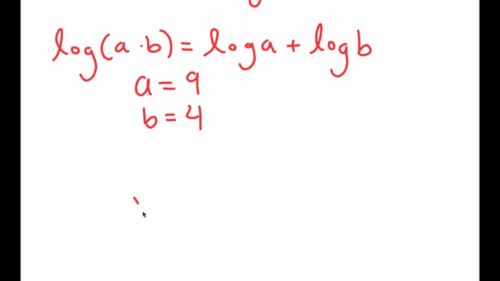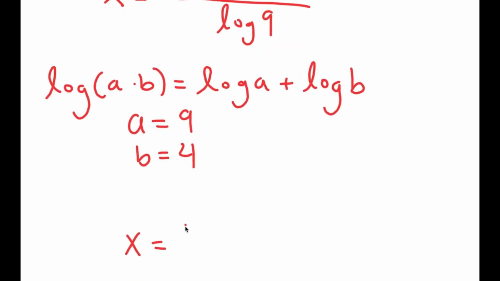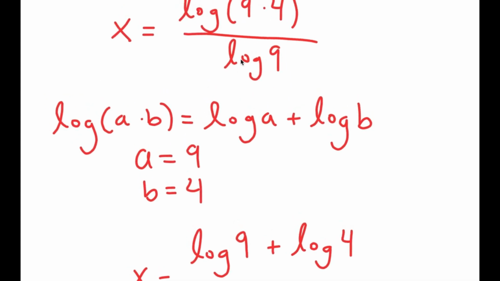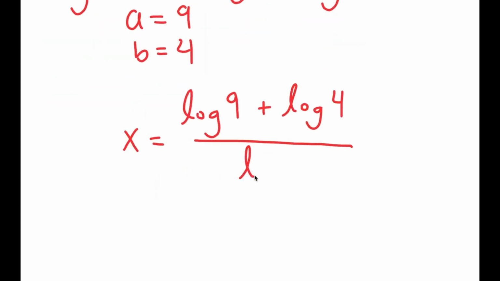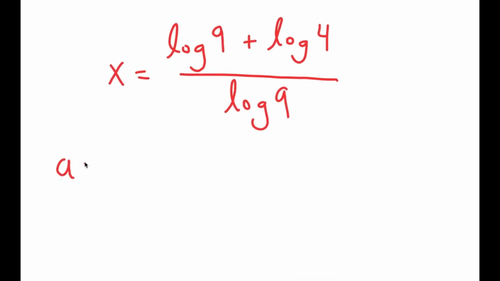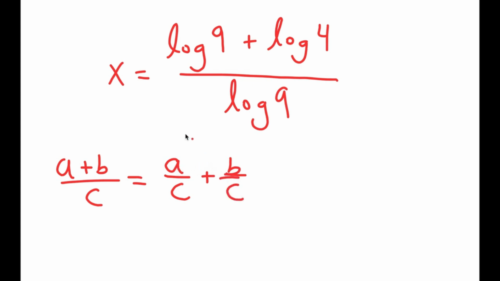So this turns into log of 9 plus log of 4. And remember, I still have all of this over log 9. Now, if I have something in the form a plus b over c, this is equal to a over c plus b over c, and this is just using fraction properties.